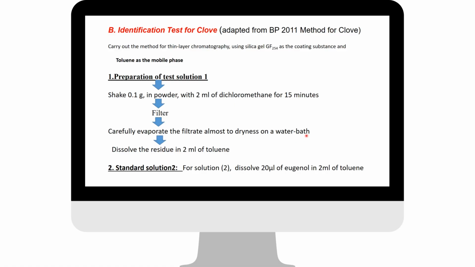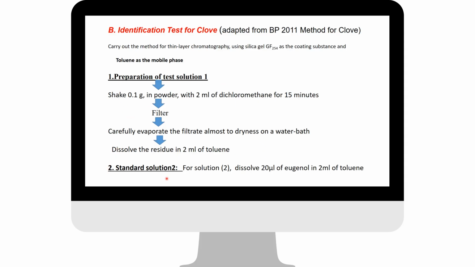Up to here I think it is clear. Now this almost dry extract is dissolved again in 2 ml of toluene, because this is needed for applying on the TLC plate. So now we will be getting our test solution number one.